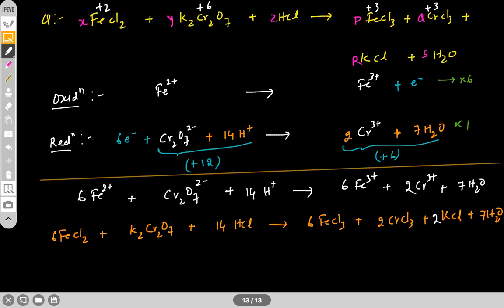If you have done everything correct, then the entire reaction is balanced. Chlorine, if you count this side, 6 into 3, 18, plus 6, 24, plus 2, 26 chlorine atoms this side. And 12 plus 14, 26. So you can do this by hit and trial in the last, by guessing.